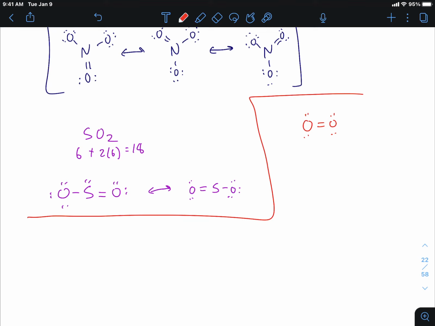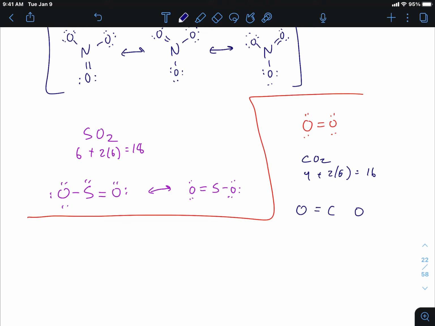Here's another example. Carbon dioxide, CO2. So 4 plus 2 times 6, or 12 plus 4 is 16. Carbon in the center.